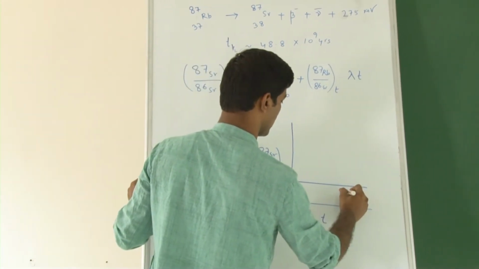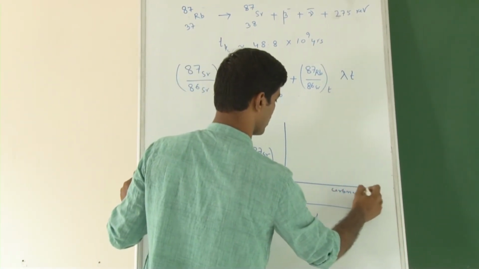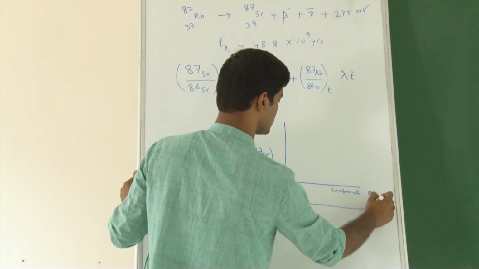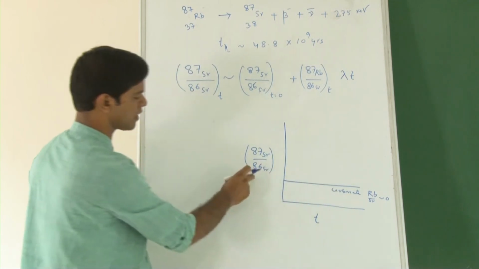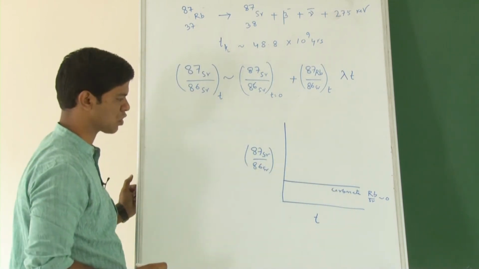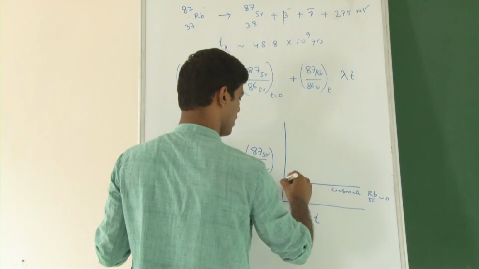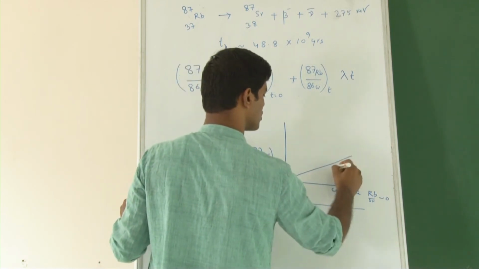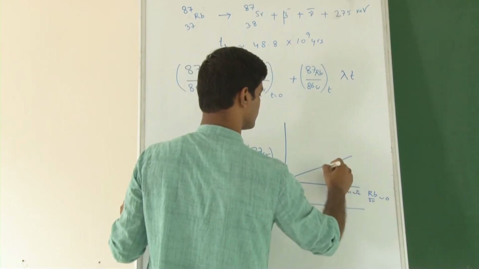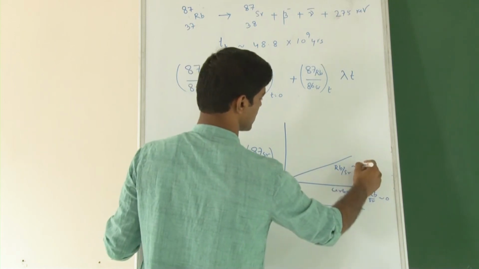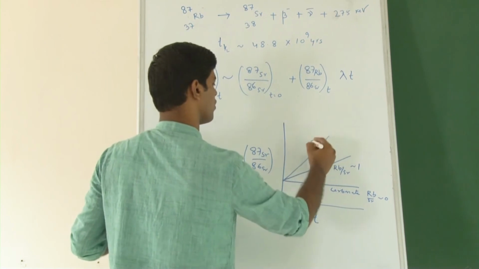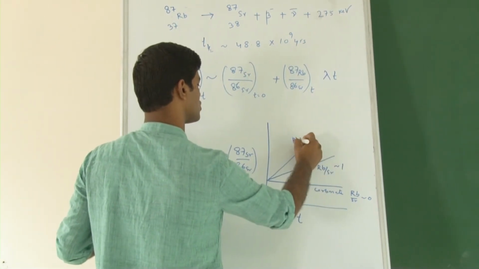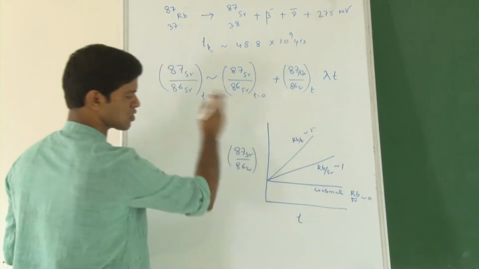Like if you take a carbonate where rubidium by strontium is basically 0, then this will be flat and the 87 by 86 strontium is not going to change. But if you have a higher value of rubidium by strontium, let us say 1, then this will follow, and if you take a higher rubidium by strontium, let us say 5, that is going to change more.